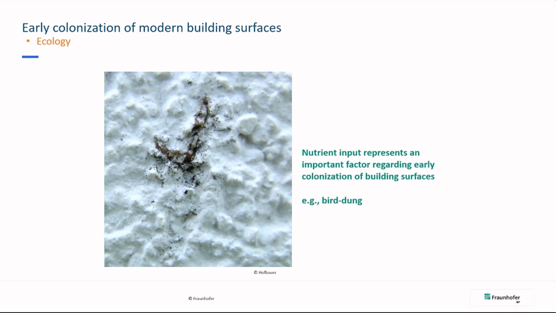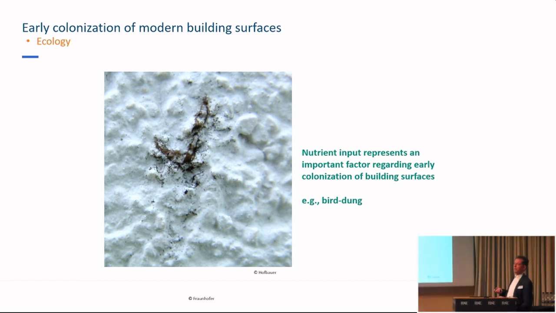And we also saw that the nutrient input on the surface is an important factor for the establishment of microorganisms, because this here has been a bird dropping, which later fell off, but you still see the fungi are quite happy.